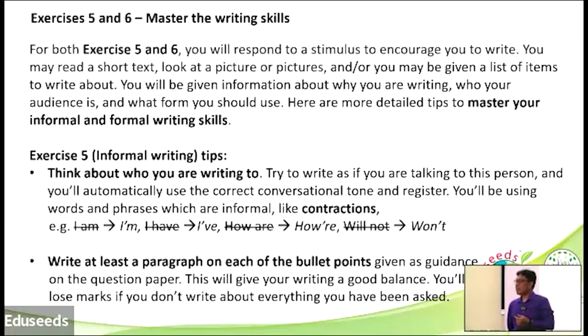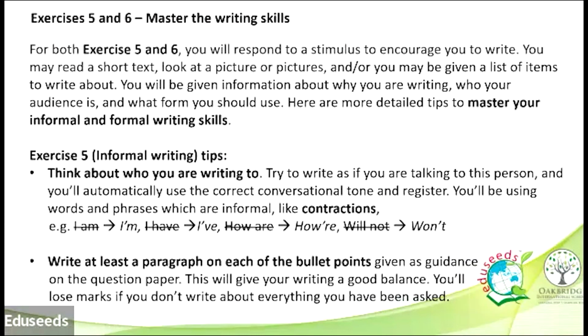For exercise 5 and 6, mastering your writing skills will earn you points. So we will go over that in the writing tips below. So exercises 5 and 6, you will respond to a stimulus, basically the question they've given you. And this will encourage you to write.